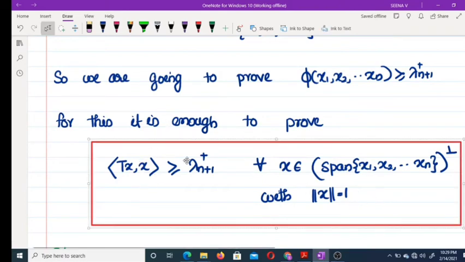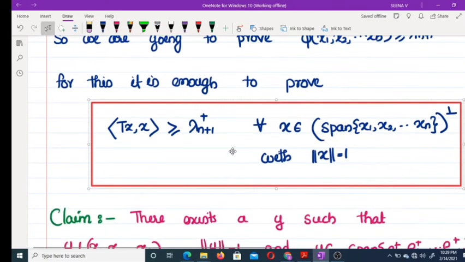Because if we prove this, that means the supremum value is also greater than or equal to lambda n plus 1 plus. This implies phi of x1, x2, etc., xn is greater than or equal to lambda n plus 1 plus.